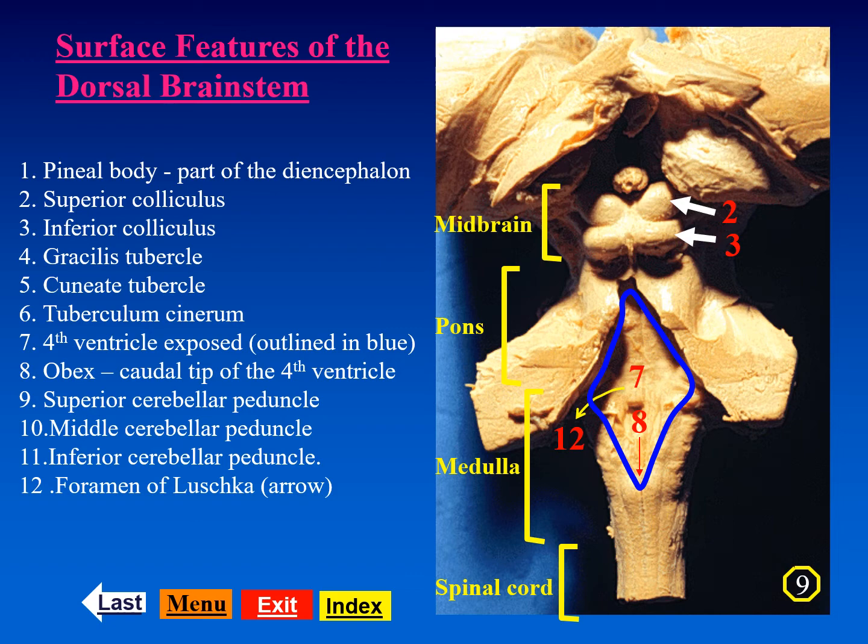A diencephalic structure that is just above those paired elevations is the pineal body. Down on medullary levels, there are three elevations to be noted. The gracilis tubercle, cuneate tubercle, part of the somatosensory pathway of the nervous system, and the tuberculum cinereum, which is part of the trigeminal system.